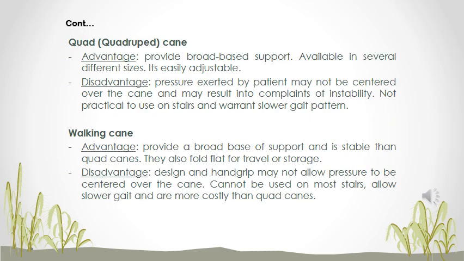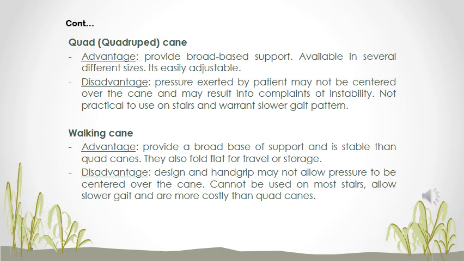Here we are continuing with the different canes, the advantages and disadvantages of each one. Here the quadrupod cane, where it has 4 legs, often used for patients who had a stroke, cerebrovascular incident. The advantage of this is that it provides a broader base of support. The base is available in several different sizes and it's easy to adjust.